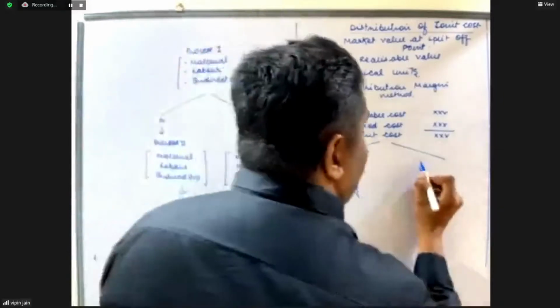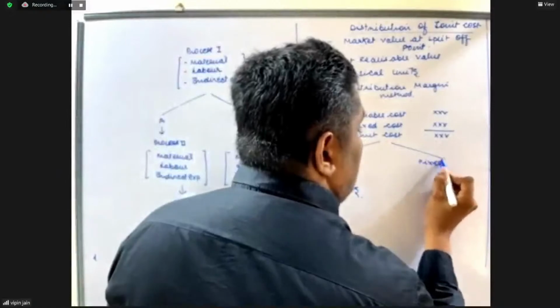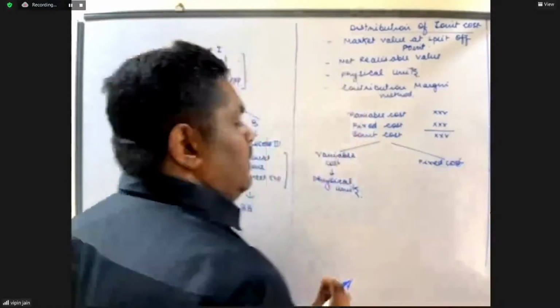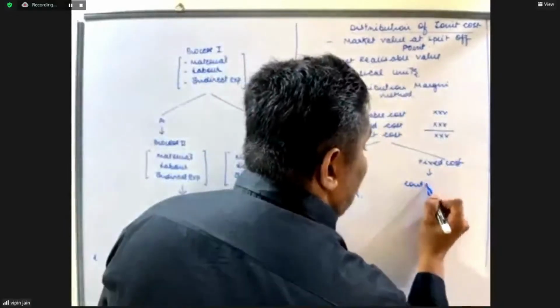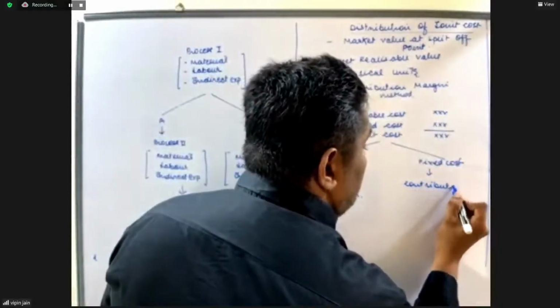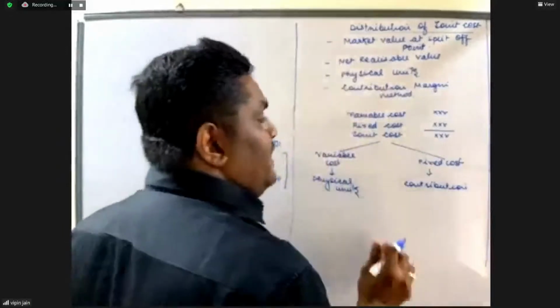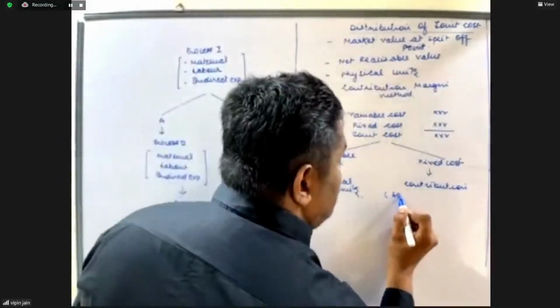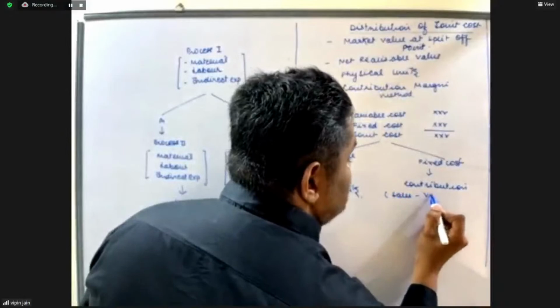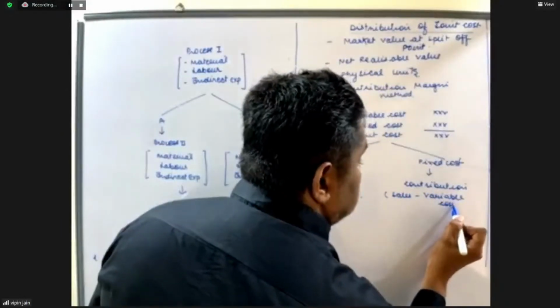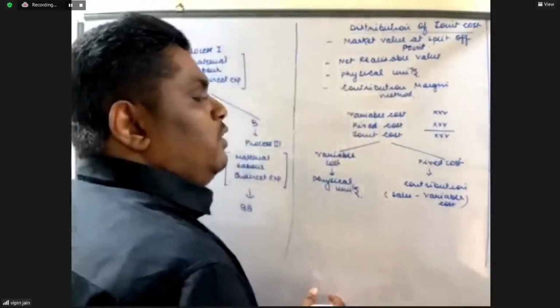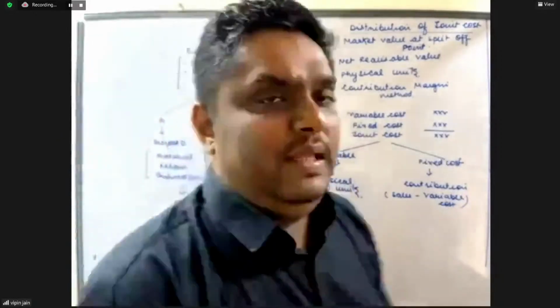And when talking about fixed cost, it is to be distributed in the ratio of contribution. Further, when talking about contribution, it is sales minus variable cost.